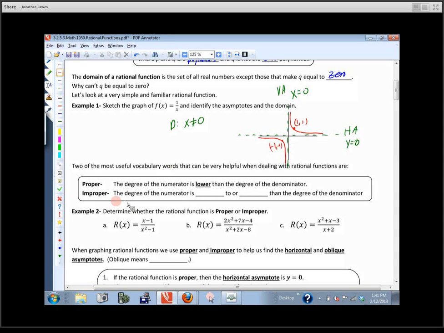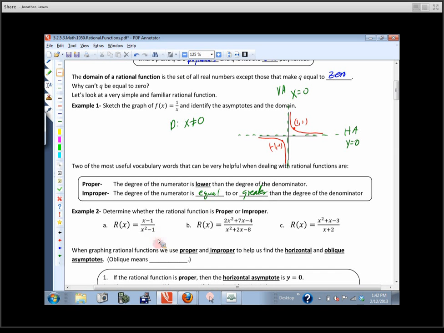Now, improper. What would you think that means? The degree of the numerator is equal to or greater than the denominator. So we're going to run through and classify these. We're going to look at the top, figure out the degree, look at the bottom, figure out the degree, and then say, is the degree of the top less than the degree of the bottom?